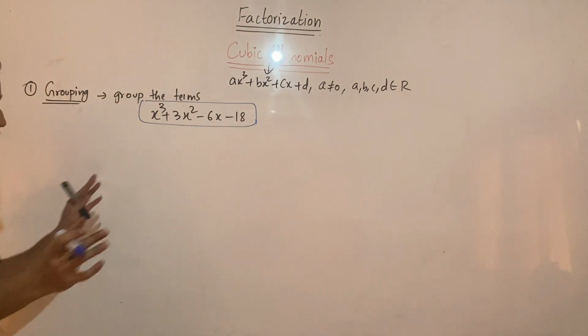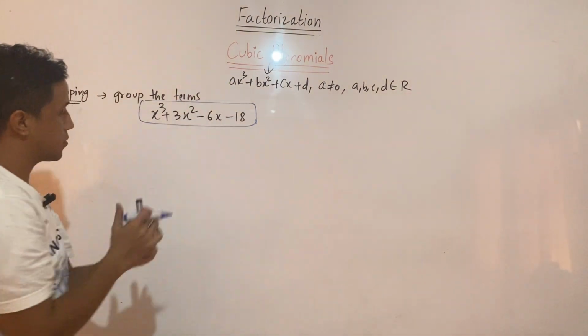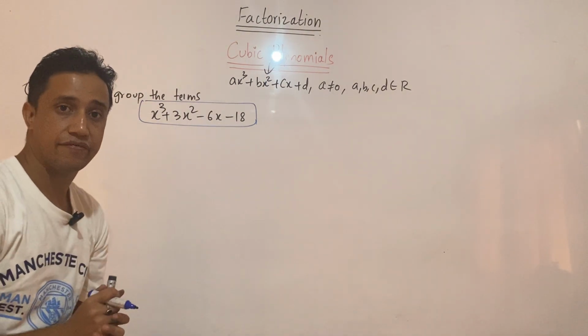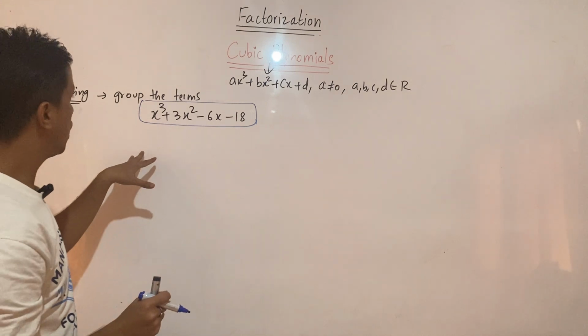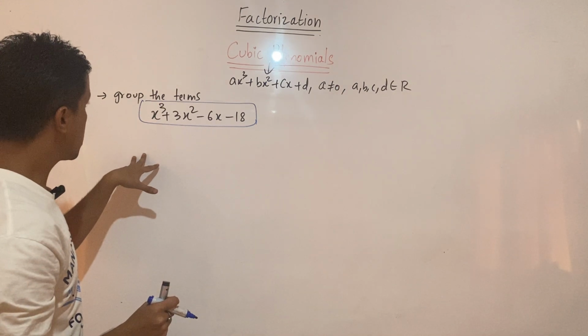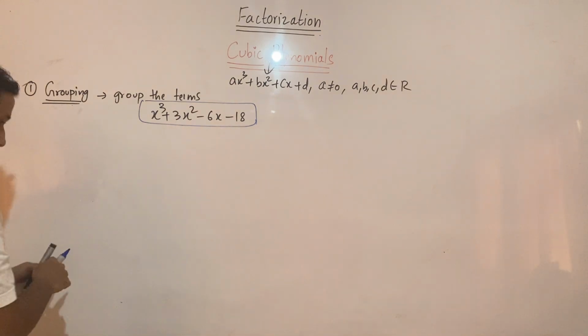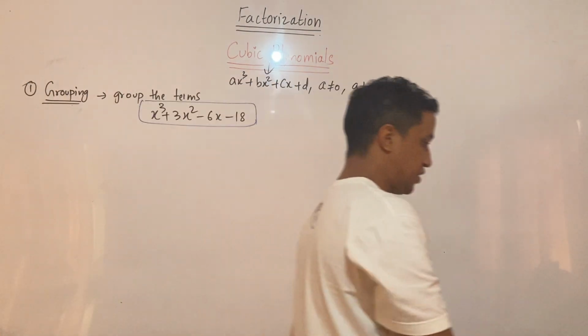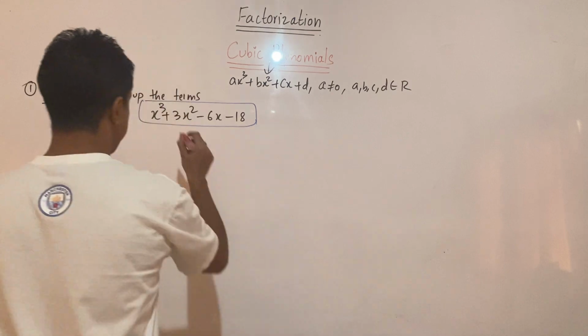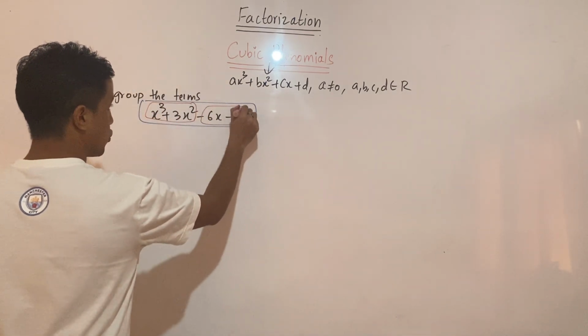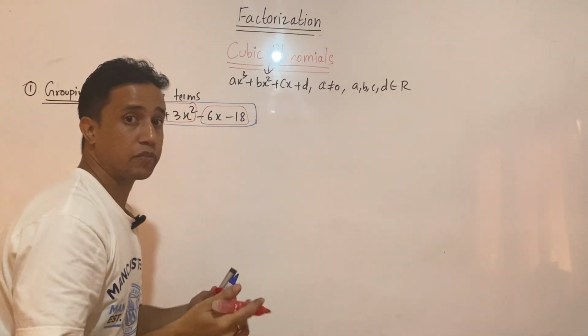If you look at it, I can easily get the factors if I group several terms. For example, if I group these two terms and then these two terms, I will get some common factor.